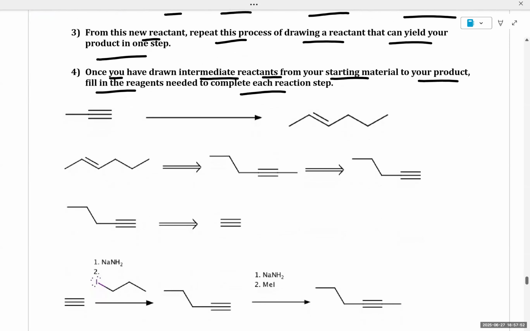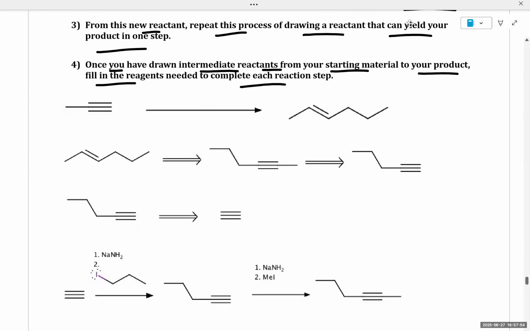So for example, if I wanted to take this alkyne and convert it to this complex alkene, what I'm going to do is work backwards. Well, where can I make this alkene from? Well, this is an E-alkene, and I know I can make alkenes from alkynes via some sort of hydrogenation. Now, how do I get this substituted alkyne?